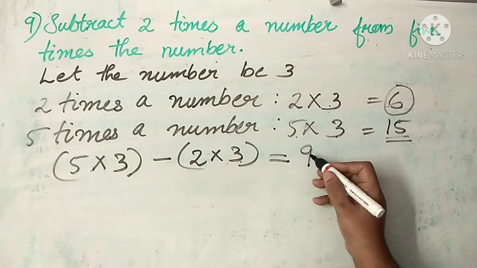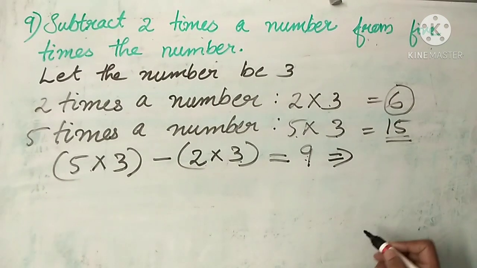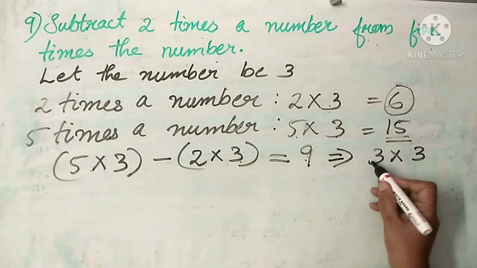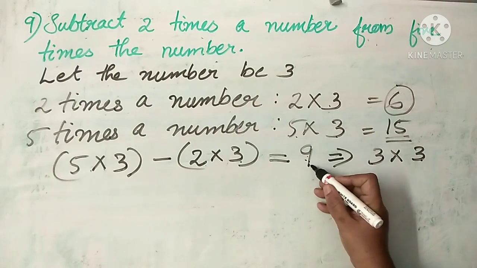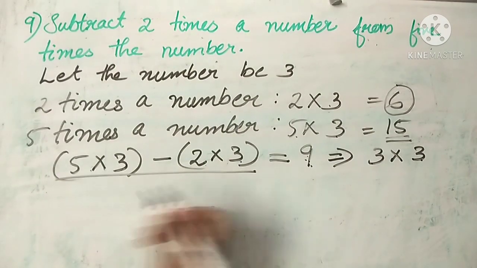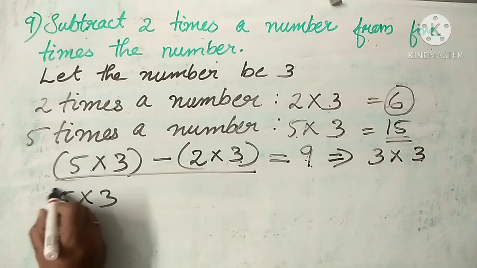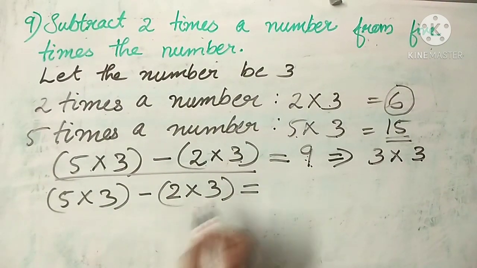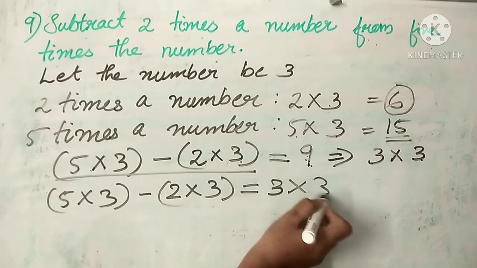Now we have to relate this with 3. We know that 3 times 3 is 9. So 5 into 3 minus 2 into 3 is equal to 3 into 3.